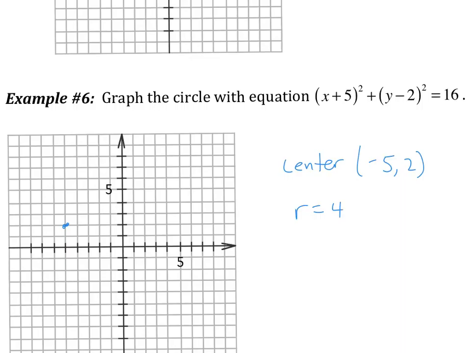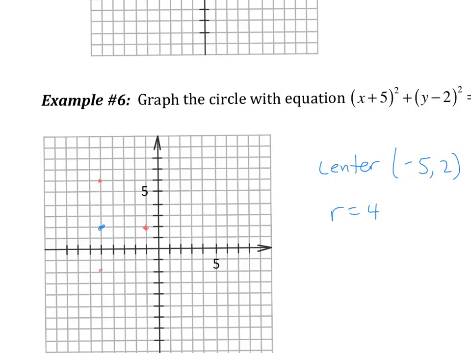And then since my radius is 4, to the right 4, up 4, down 4, and to the left 4. And then I do the best I can in order to create a circle. And that's it. So it's like the stuff we did on the front page. You just have to be able to identify the center and the radius so that you can graph.